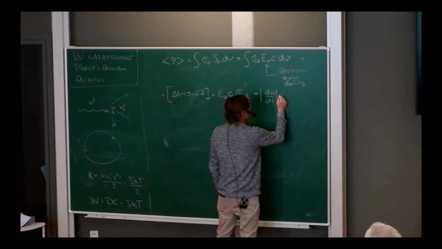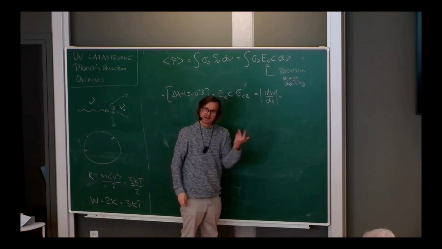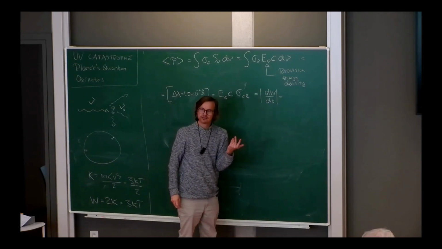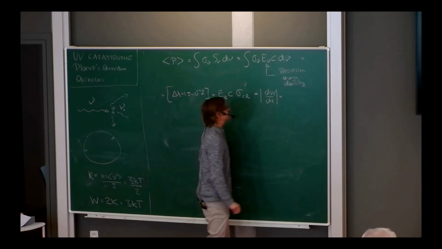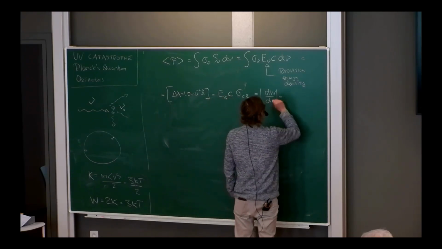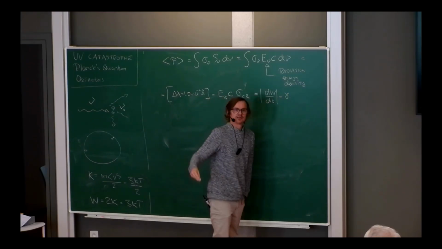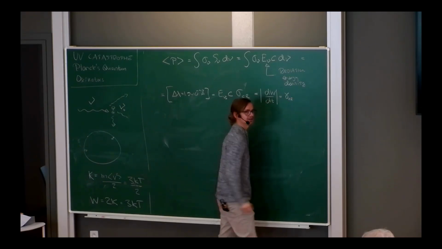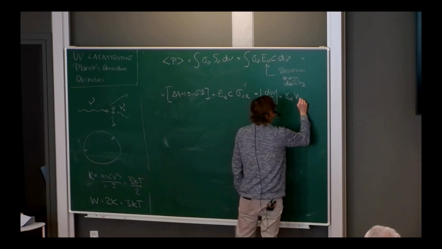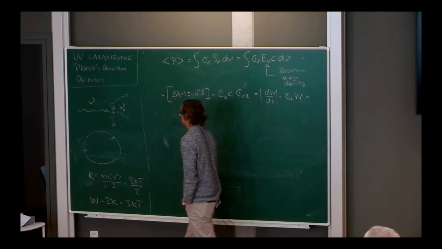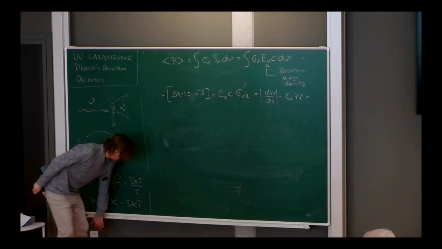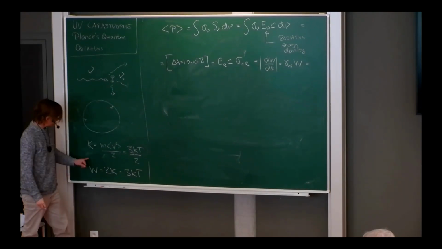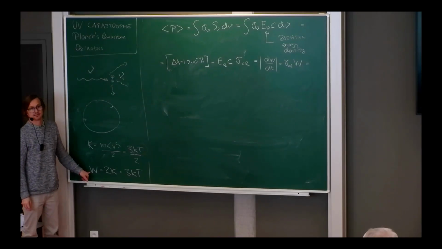But for the oscillator, we know that this is just the damping coefficient, which in the classical limit is gamma classical, times the total energy. The total energy for this equilibrium system must be 3 kT.